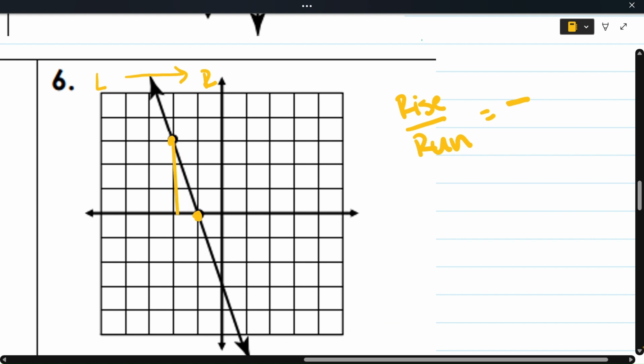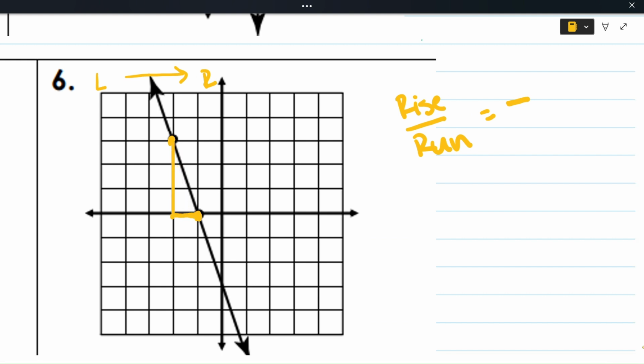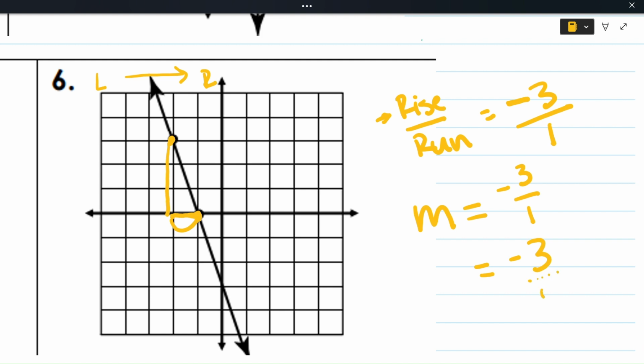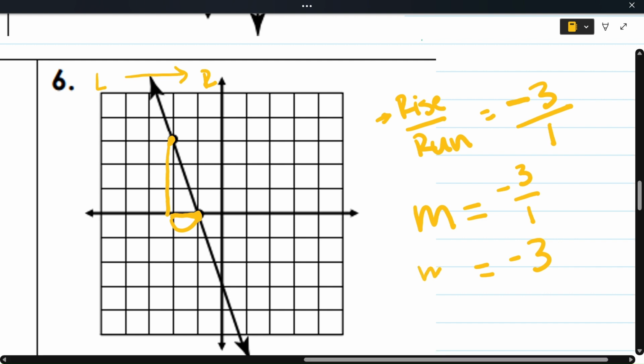Let's find our triangle. Okay, triangle. And then first, let's count our rise. Let's count our vertical space. I got 1, 2, 3. And then my run. Let's count my horizontal space. 1. So my m is equal to -3 over 1, or this one we're allowed to write as -3 because we know that every whole number has an invisible denominator of 1 underneath it.